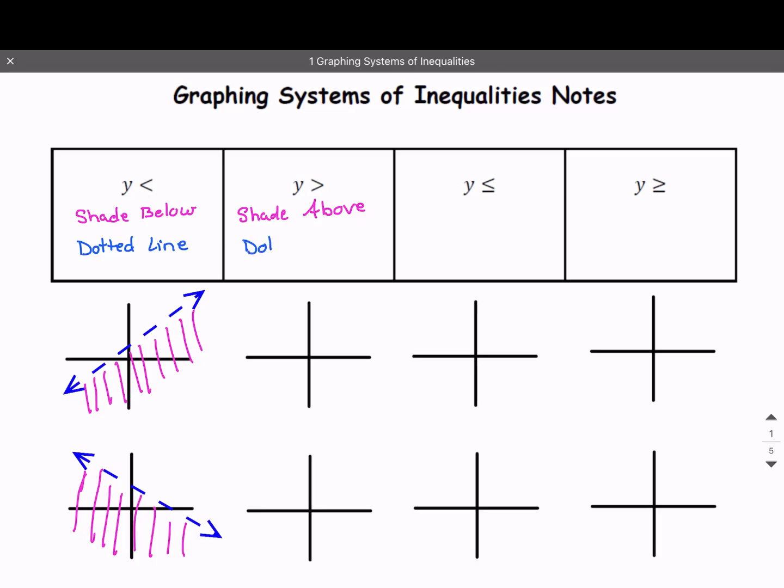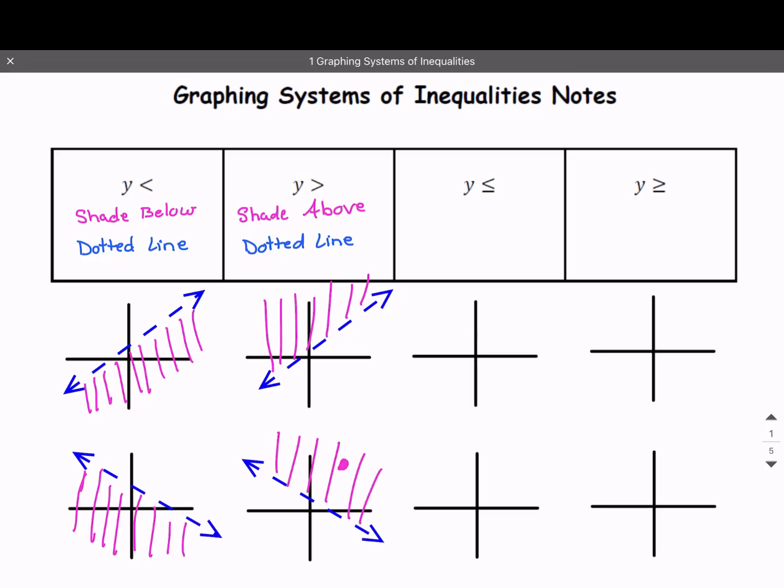So again, we're going to graph a dotted line. So we could have an increasing dotted line, or we could have a decreasing dotted line. But when it comes time to shade, this time the y values are greater than the y values on the line when we shade above. So all the points up here above the line would satisfy the inequality.